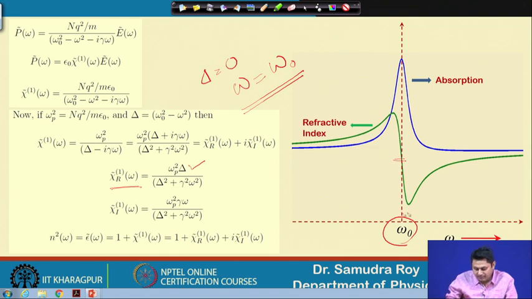If I go to this side and this side, taking omega 0, the frequency of resonance, as my reference, then on the right hand side and left hand side we have two kinds of distribution, coming from the real part of the susceptibility.